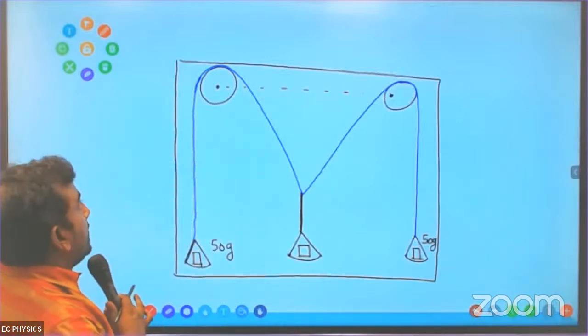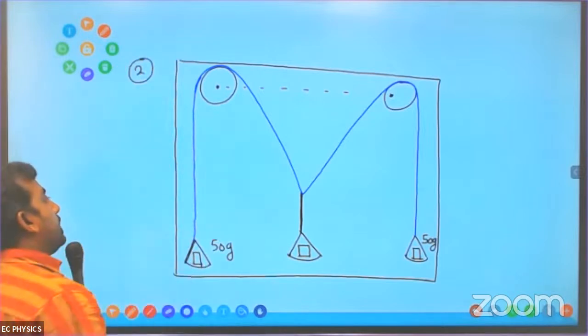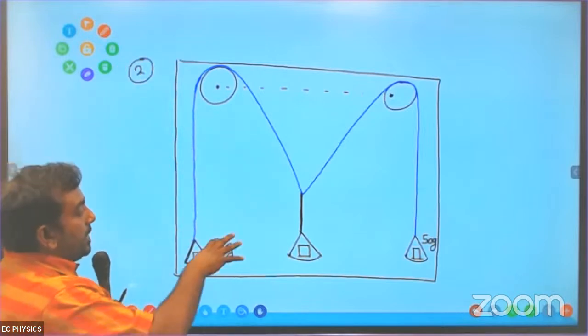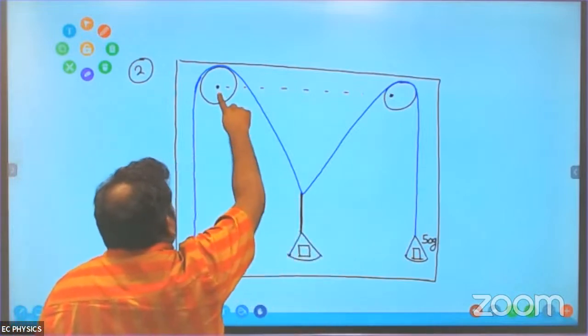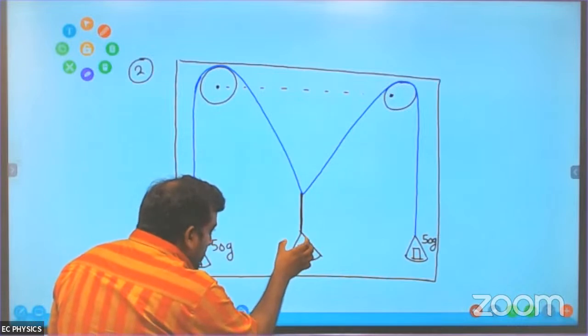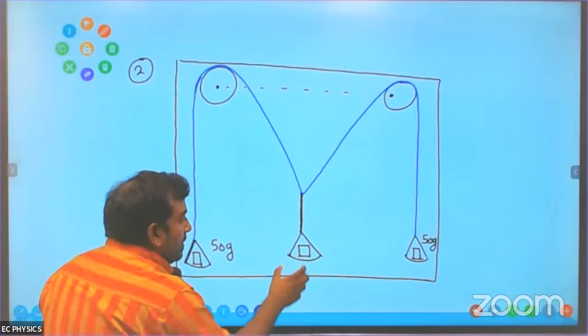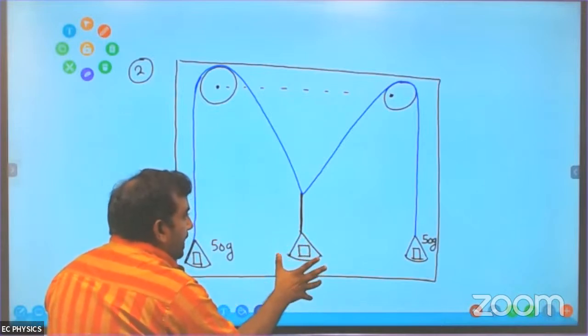Now, before you continue the experiment, you must check if there is friction in the pulleys. So what you do is, you gently pull the center weight down and you release it. Don't pull it a lot.